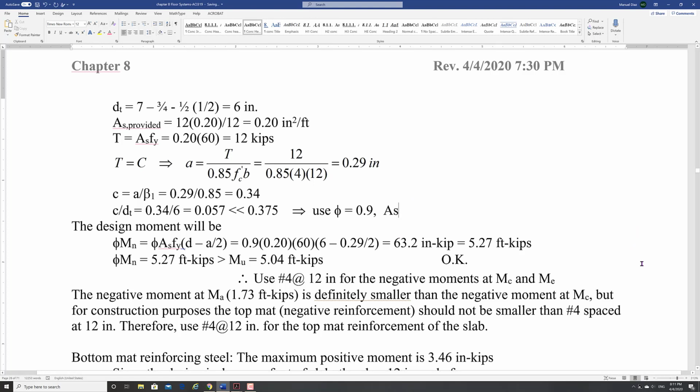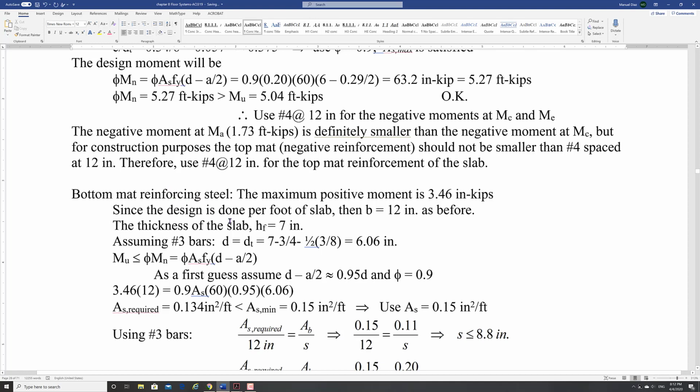A S max, right? So A maximum is satisfying. All right, so we got it.